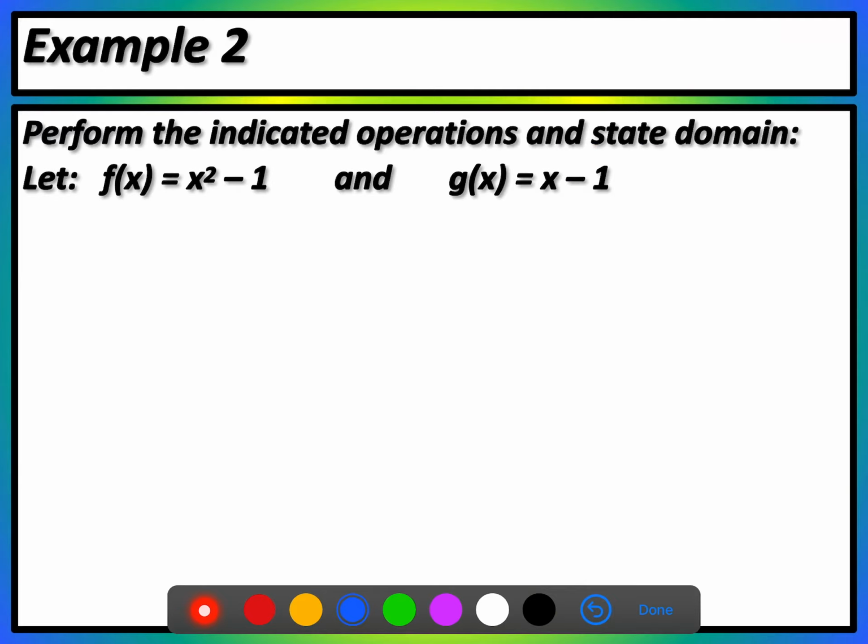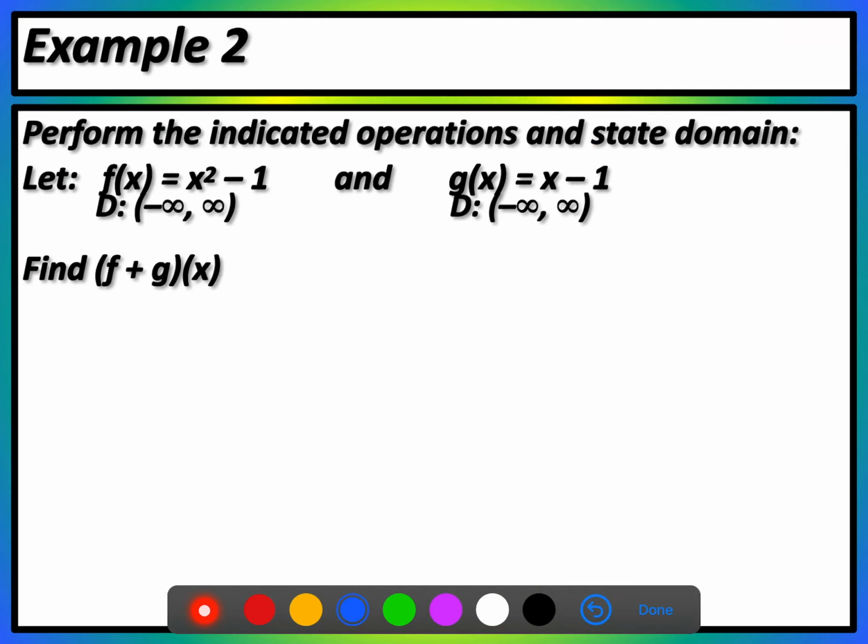f of x is what kind of function, and what is its domain? We should know from the x squared that it's a quadratic, and it always has a domain of negative infinity to infinity. g of x, hopefully it's very clear that that's linear, and that also has a domain of negative infinity to infinity. So f plus g of x means x squared minus 1 plus x minus 1.